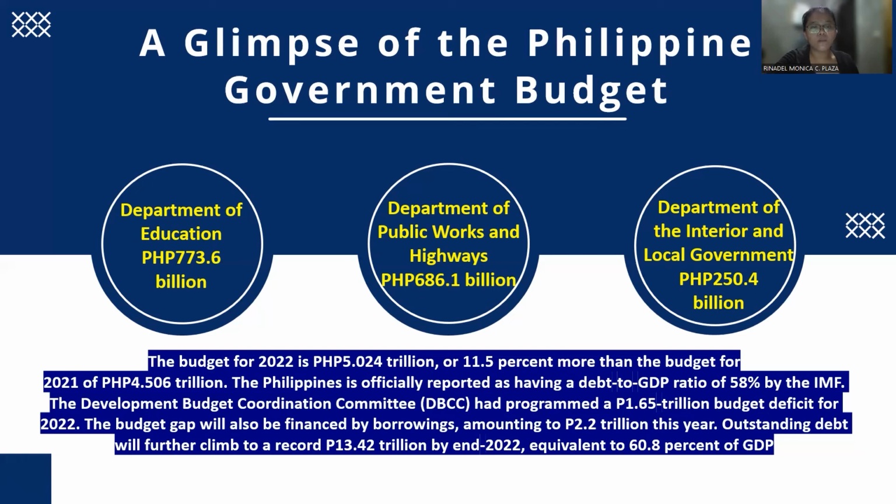So this 13.42 trillion outstanding debt by the end of 2022 will be equivalent to 60.8% of our GDP. That is a result of the government enacting economic policies. The government needs to borrow more while having a great budget deficit.